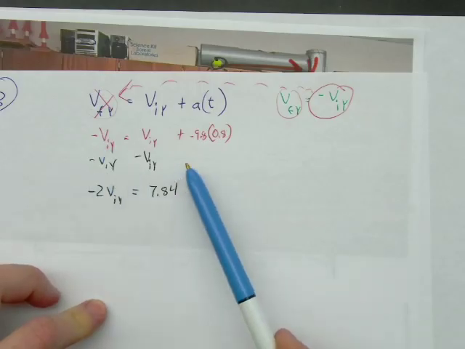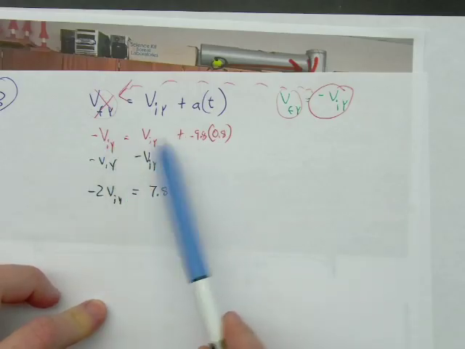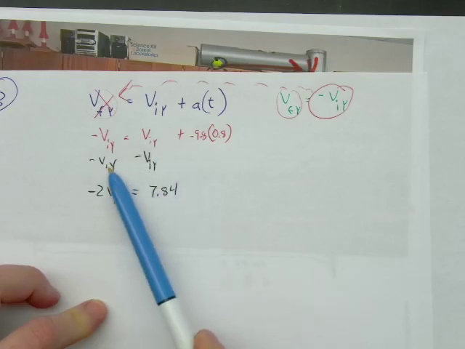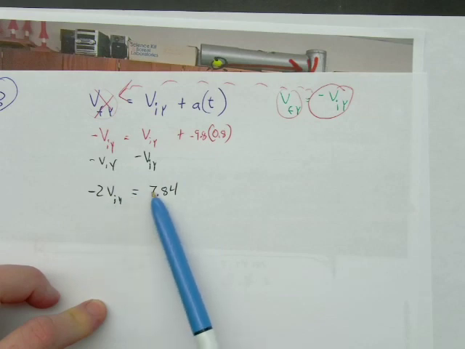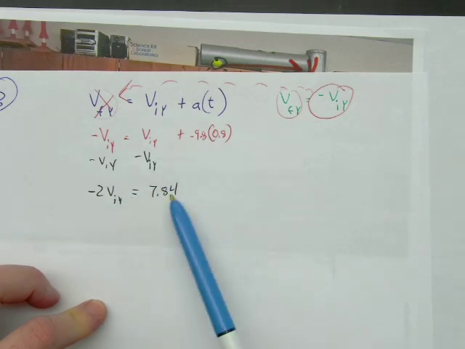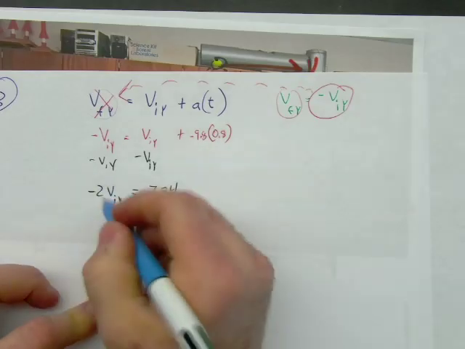We're just jumping ahead here, so we can solve this. We would take minus velocity initial y, subtract it from this side, and you end up with negative 2 velocity initial y is equal to the product of these, which is 7.84. And then to finally solve this, you divide both sides by negative 2.